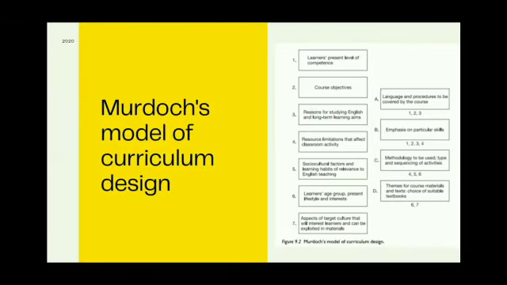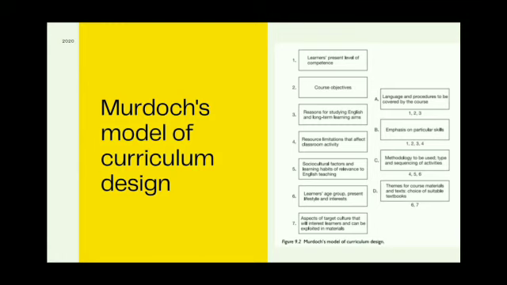Murtagh's model of curriculum design. I would like to show you one more model which is noticeably different. This model was designed by Murtagh. You can look at this picture. There are 2 columns. The left-hand column covers the main factors that are considered in curriculum design.